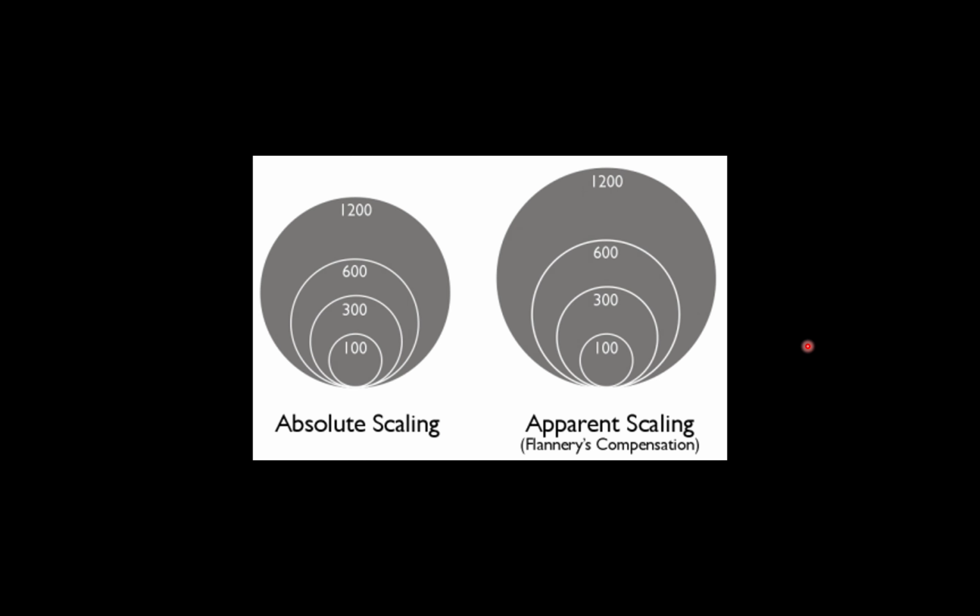So oftentimes when we're making these proportional symbol maps and we're using point symbology, our absolute scaling might look something like this. Then our Flannery compensation, which is a button that you can click within the ArcGIS symbology tab, will basically just inflate the size comparison, so it's a little easier to see the differentiation between the 300 and the 600, for instance.